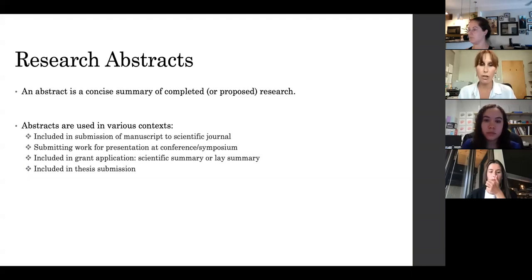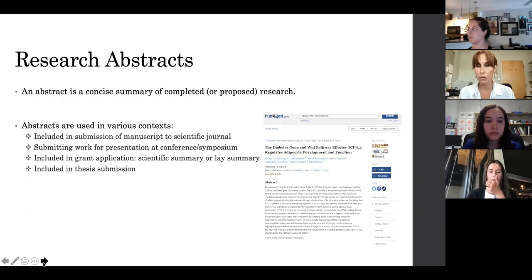If your manuscript is accepted for publication, the abstract will be published on the journal's website, in the hard copy of the journal edition, and also in academic databases like PubMed or Google search. Okay, so here's an example of an abstract published in PubMed.